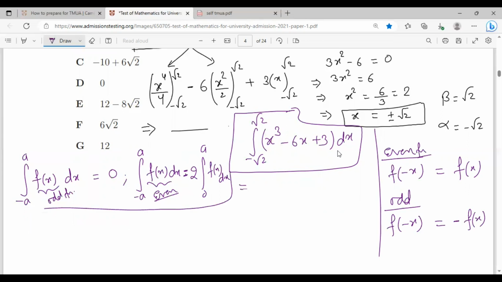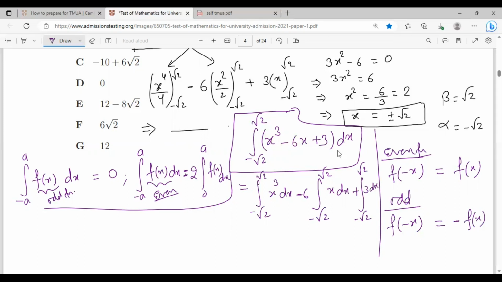When we separate the terms, we get the integration from minus root 2 to root 2 of x cube dx, minus 6 times the integration from minus root 2 to root 2 of x dx, plus the integration from minus root 2 to root 2 of 3 dx.